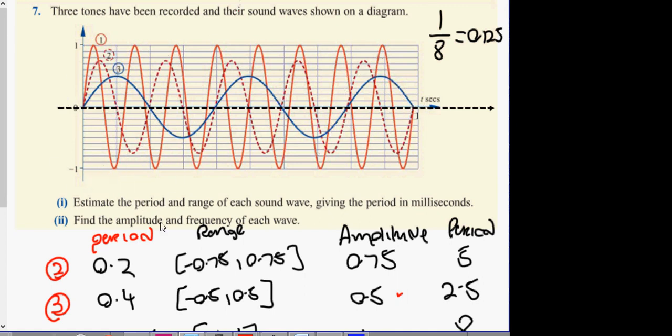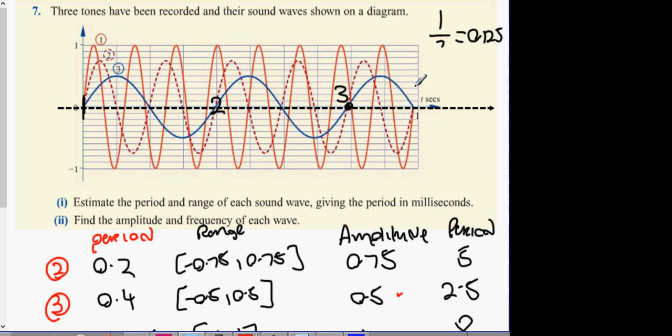So number 2 is meant to be 5. 1, 2, 3, 4, 5. Works out for number 2 well enough, but doesn't really work out for number 3, unless we count from the start, which might be this here. There's 1, there's 2, there's 3.